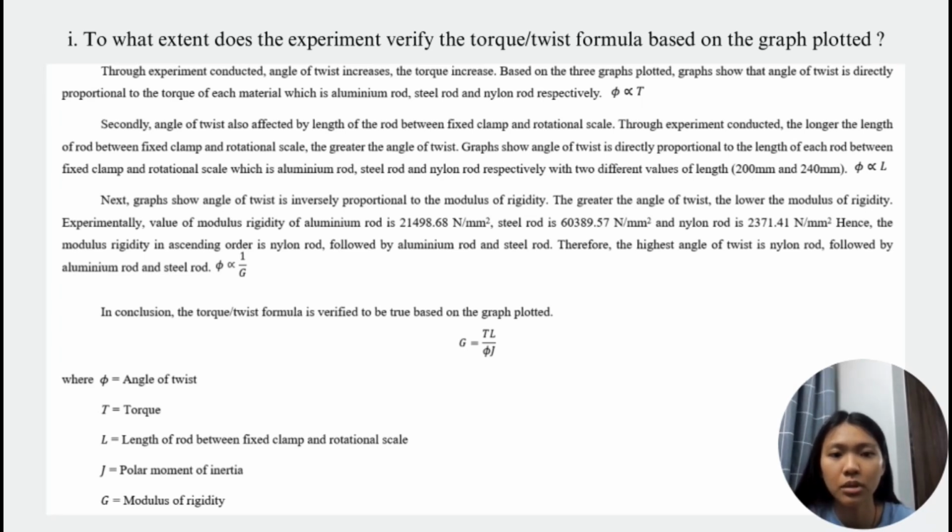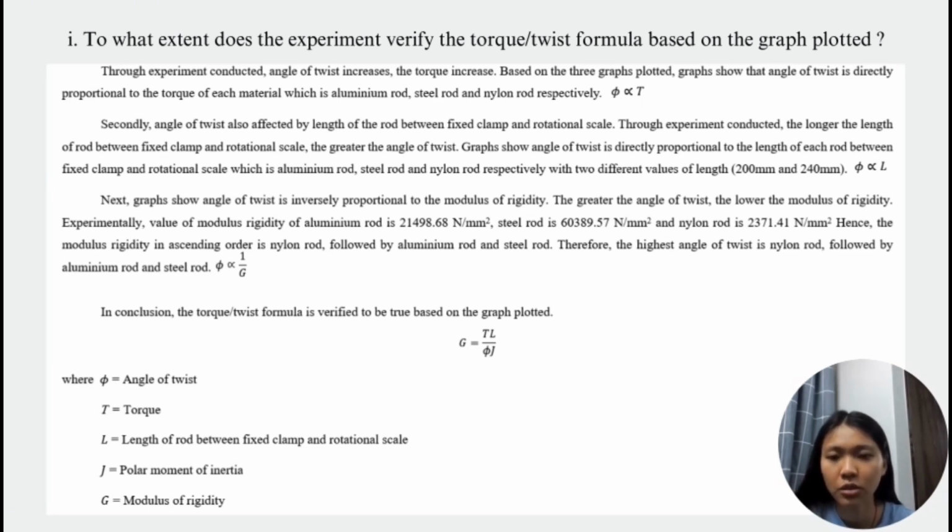The longer the length of rod between the fixed clamp and rotational scale, the greater the angle of twist. The graph shows the angle of twist is directly proportional to the length of each rod, with two different lengths, 200 mm and 240 mm.